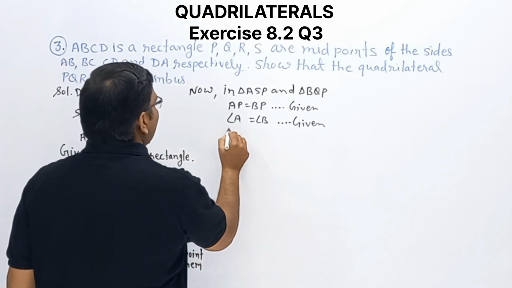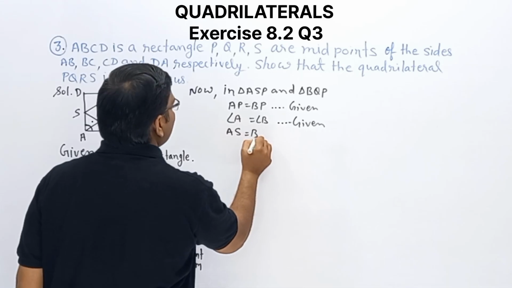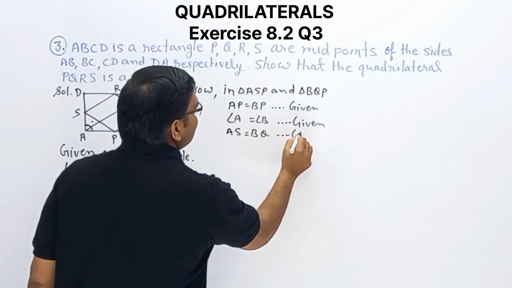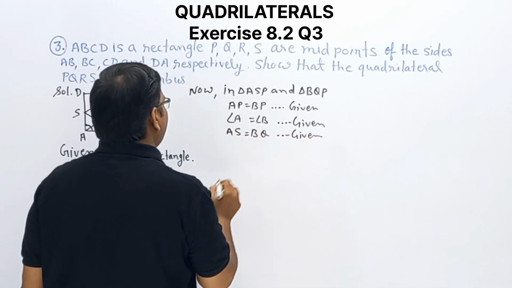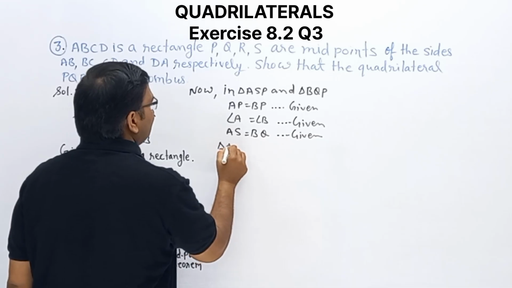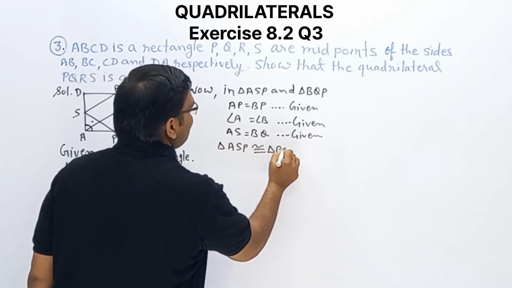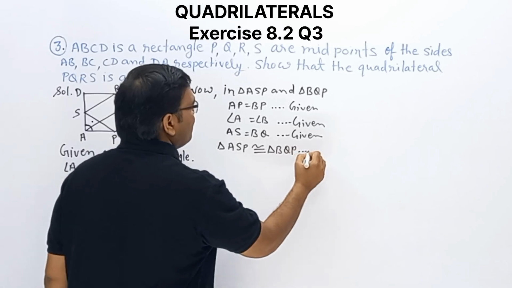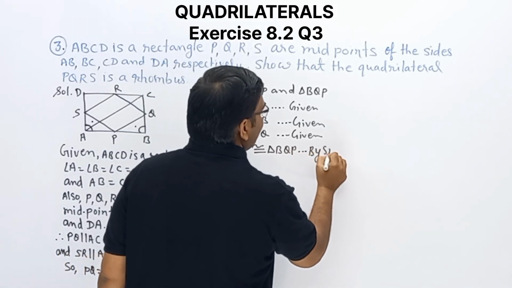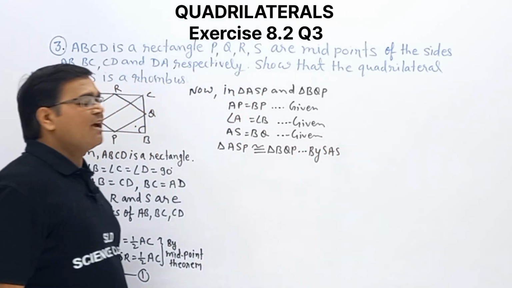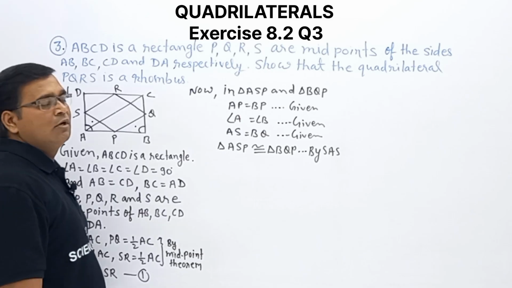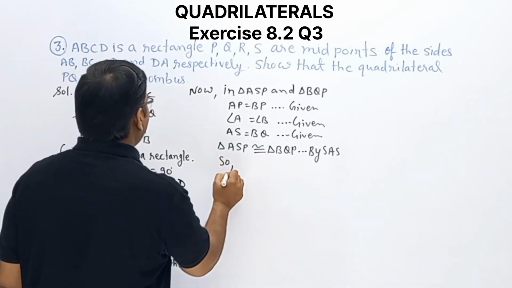So we can say AS equal to BQ. This is also given. So we can say triangle ASP is congruent to triangle BQP by the side angle side congruence rule.